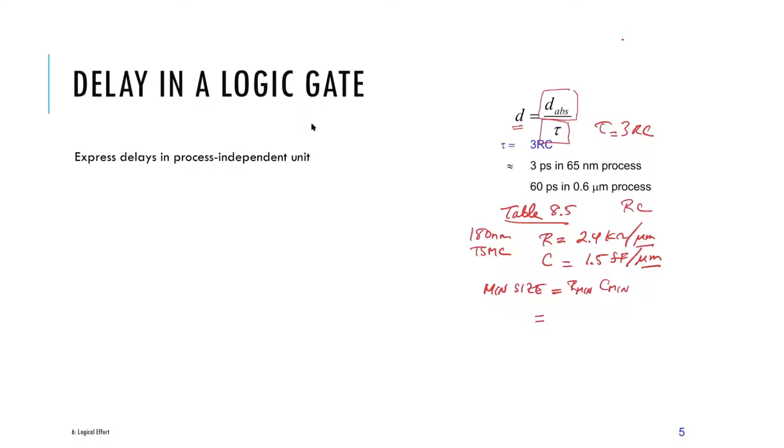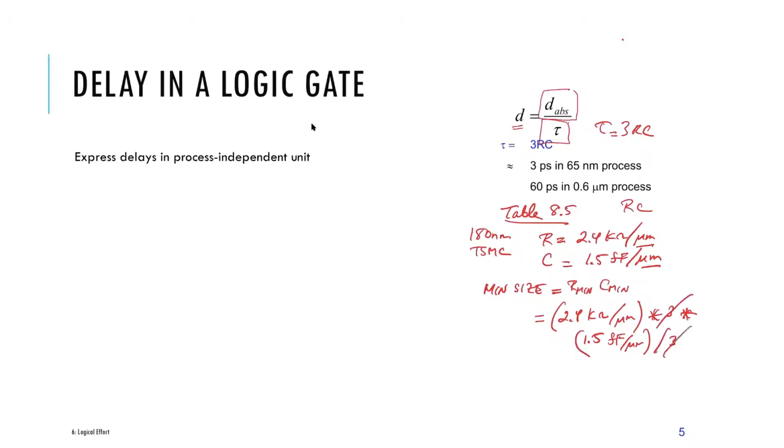For a minimum size device, the minimum size transistor is about 300 nanometers wide, if I remember correctly, so roughly a third of a micron. R will go up by a factor of 3, because the minimum size transistor is 3 times smaller, but the capacitance will go down by a factor of 3.